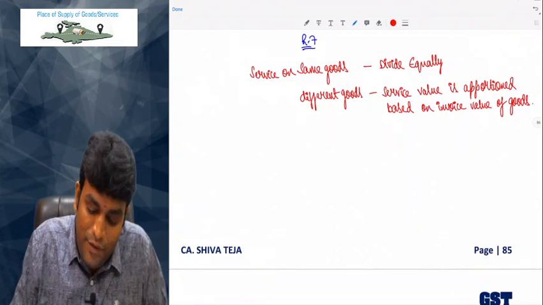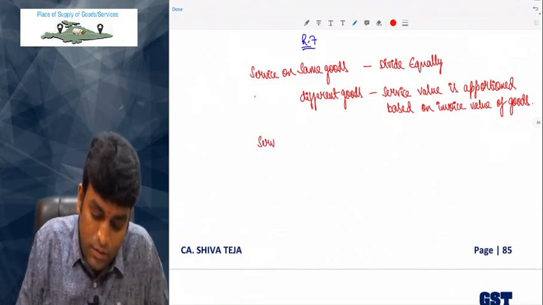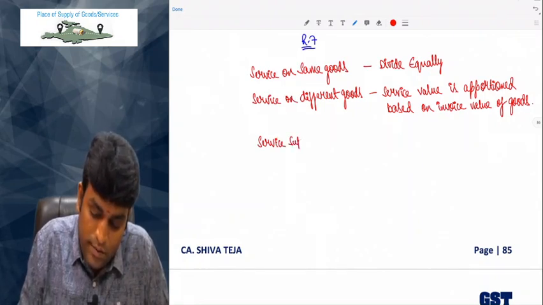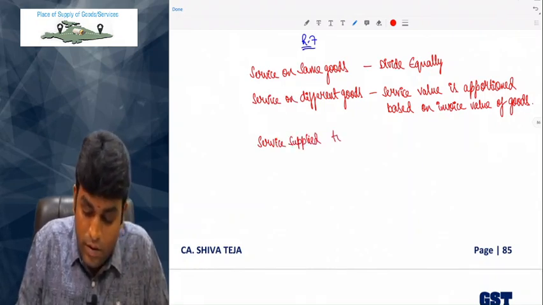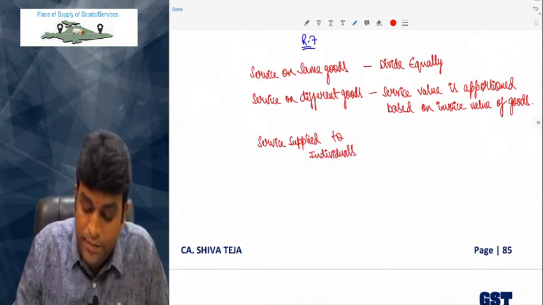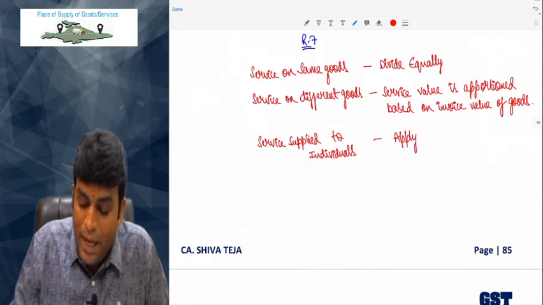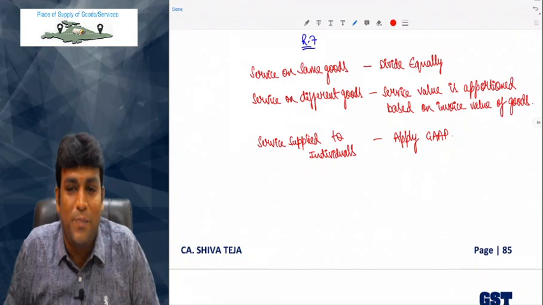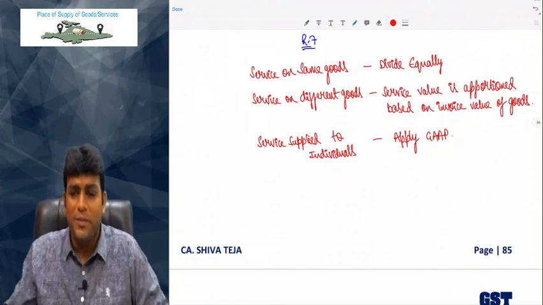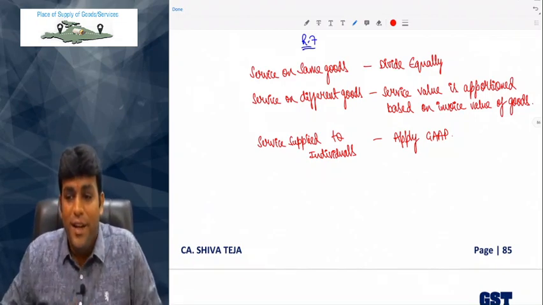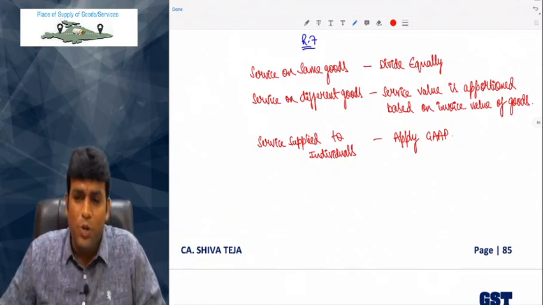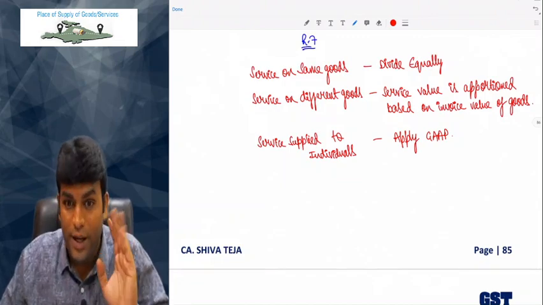Next, if it is service supplied to individuals, then we will apply GAAP. And GAAP stands for generally accepted accounting principles. That's it. I want this in your book. Please write. We discussed so many examples, but I want this table to come in your book. So please do write this table. But not now. Hold on.